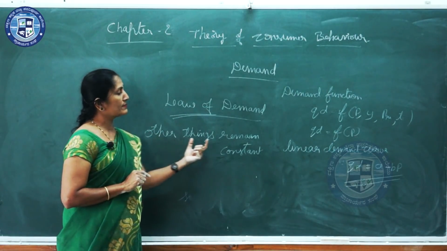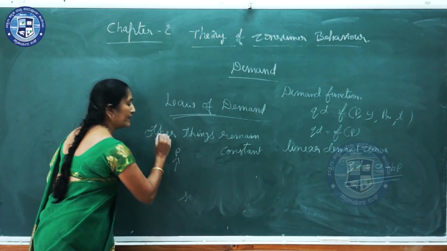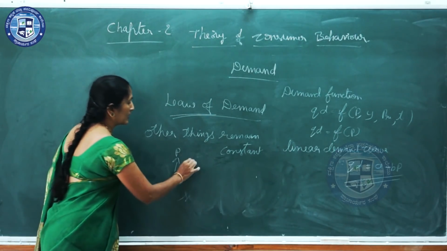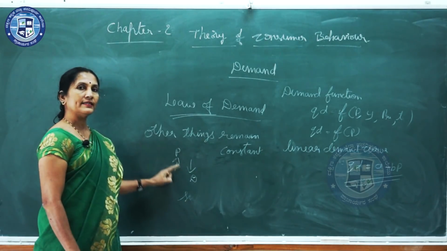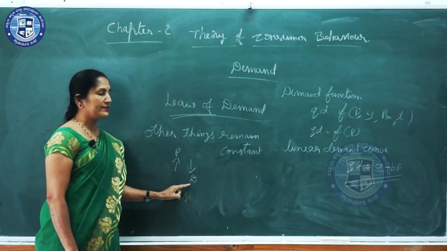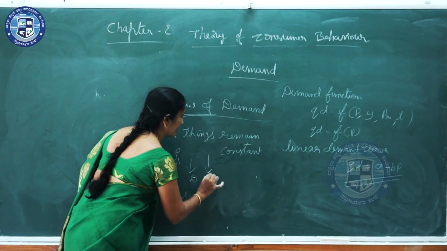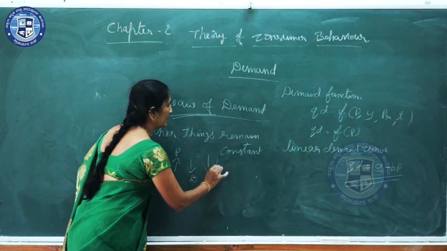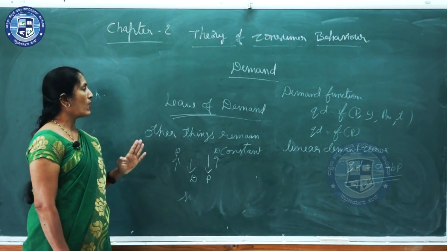So with other things remaining the same, when the price increases, the quantity demanded decreases. And when the price decreases, the quantity demanded increases. This is called the law of demand.